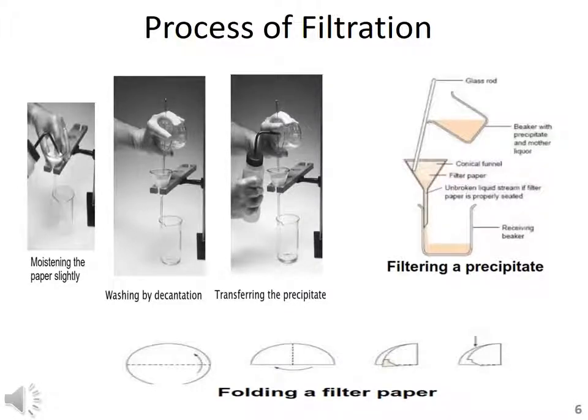In this way, all the insoluble precipitates will be retained on the filter paper, and all the mother liquor will pass through this filter paper. And after that, these precipitates on the filter paper will be taken and dried in a hot air oven.